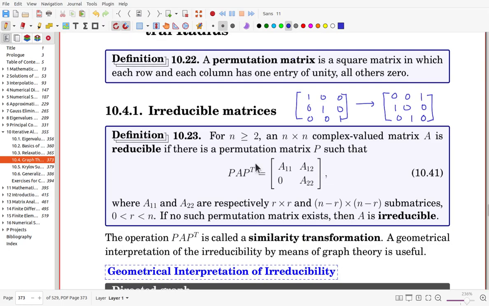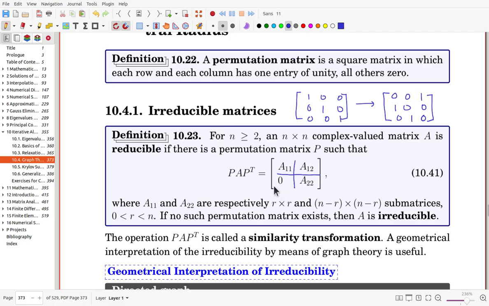We have another definition. For a square matrix, which can be complex valued, reducibility is defined in this way. If there is a permutation matrix P such that this operation, which is called a similarity transformation, makes this matrix, the original matrix is transformed into this form. This portion is completely zero.